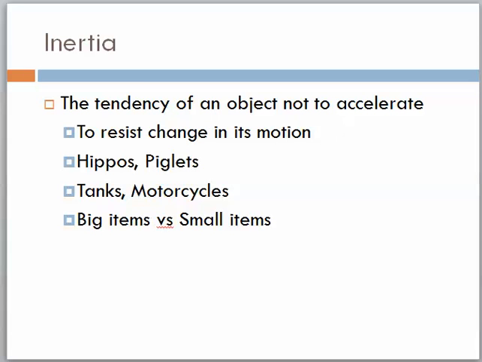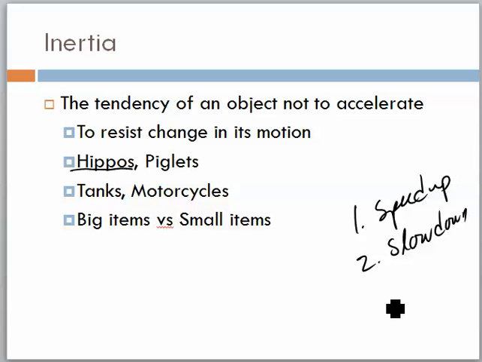What do I mean by this? For example, a hippo has lots of inertia. It's got three things here again: speed up, slow down, change direction.